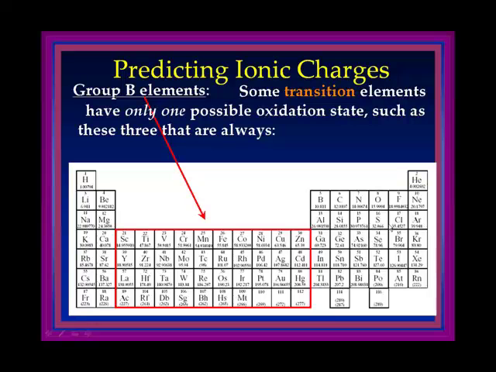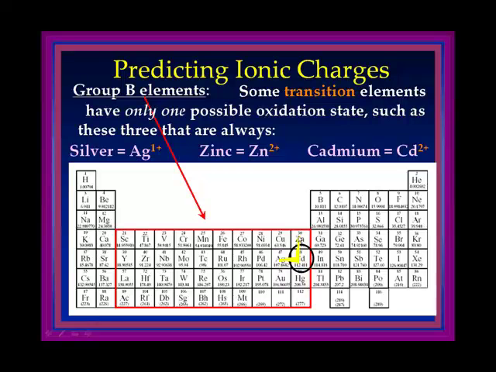Okay, so transition metals need Roman numerals except for these three elements. Silver is always a +1, zinc is always a +2, and cadmium's also always a +2. If you notice on the periodic table, they form this little backwards L shape. Silver, cadmium, and zinc.